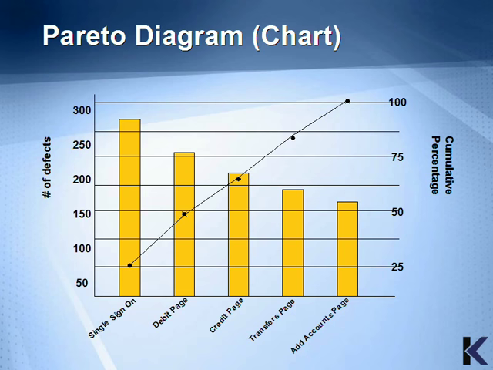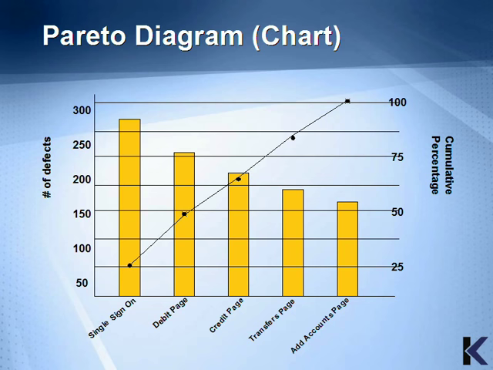Just to give you a few numbers to figure out how this was calculated, single sign-on was addressed at 290 defects. Debit page had 245, credit page 210, transfers page 190, and add accounts page 160.